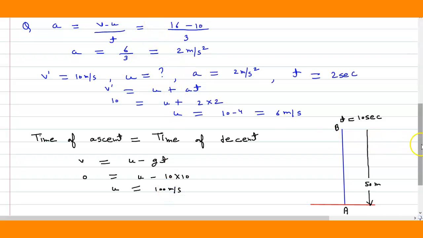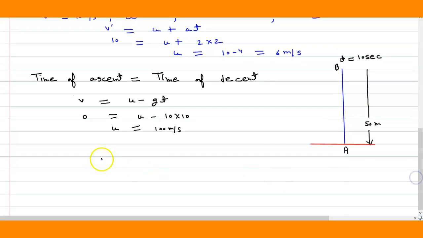Again, we want to calculate the time. For calculating the time, we are using the second equation. s is equal to ut plus half gt square.